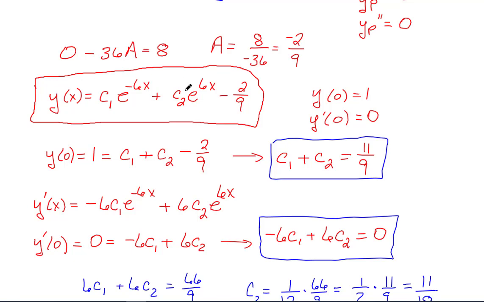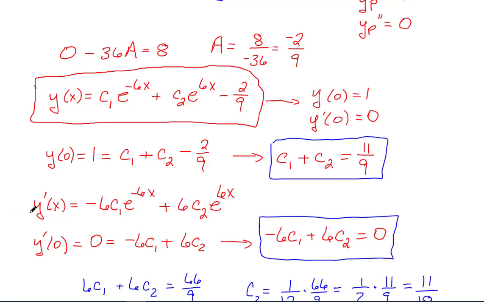So here's my general solution, but it must solve these two initial conditions. So plug in 0 for x, e to the 0 is 1. And so in the first case, I get C1 plus C2 is 11/9.